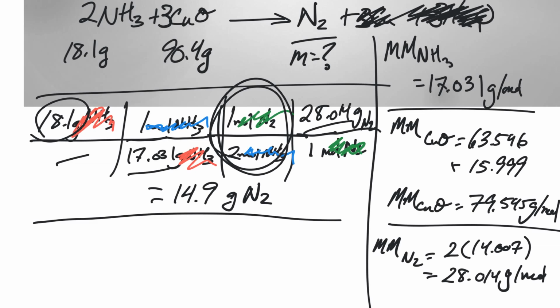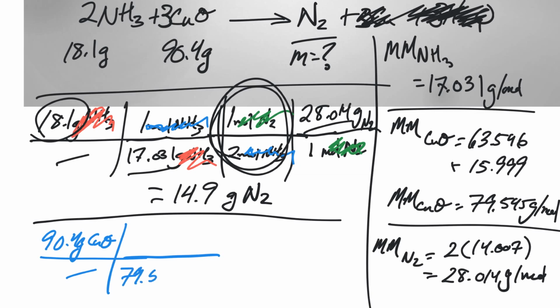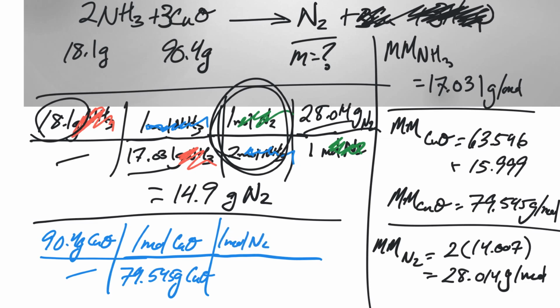All right, next one I'll do in blue. We have the 90.4 grams of copper(II) oxide. It's being divided by 79.545. And the mole ratio here is 1 mole of nitrogen for every 3 moles of copper(II) oxide. And then we multiply again by the molar mass of nitrogen.